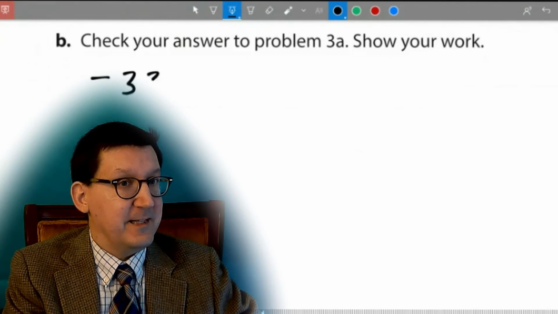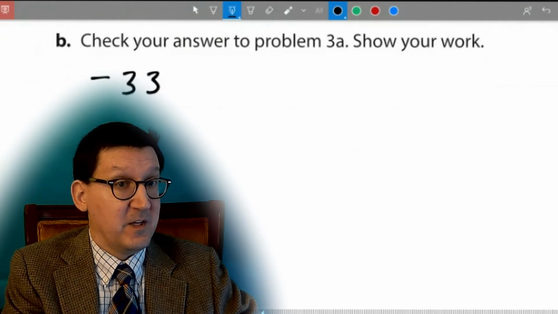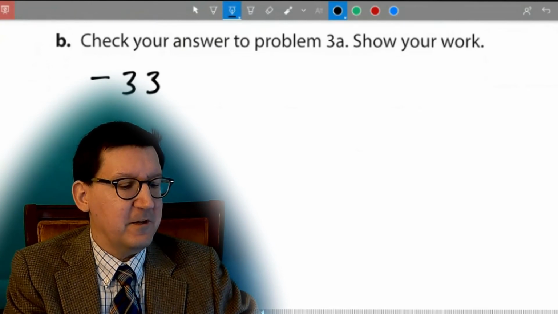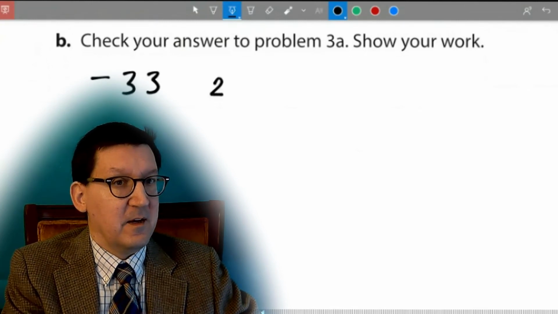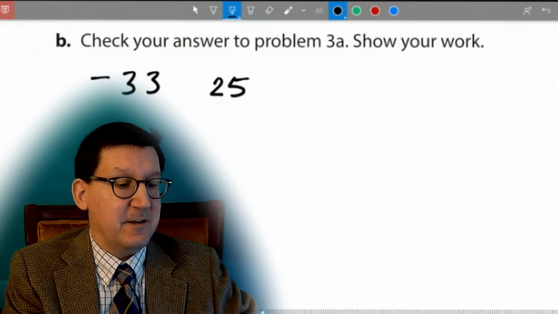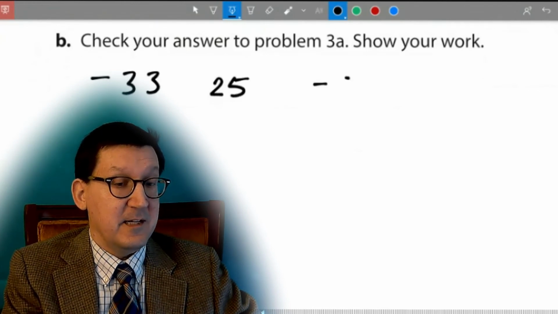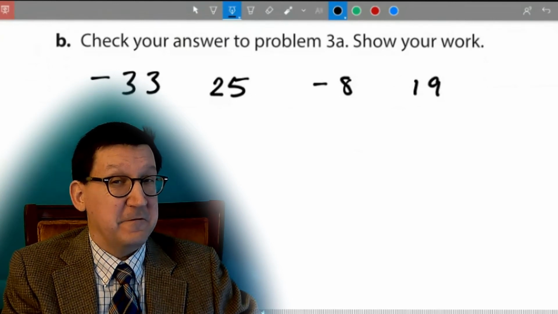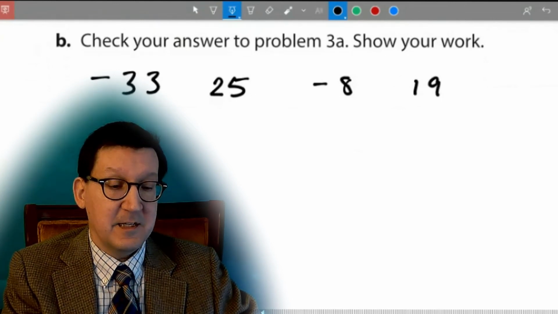Negative 32.6 becomes negative 33. Positive 24.7 becomes positive 25. Negative 8.3 stays at negative 8. 19.1 stays at 19. And negative 8.4 rounds to negative 8.